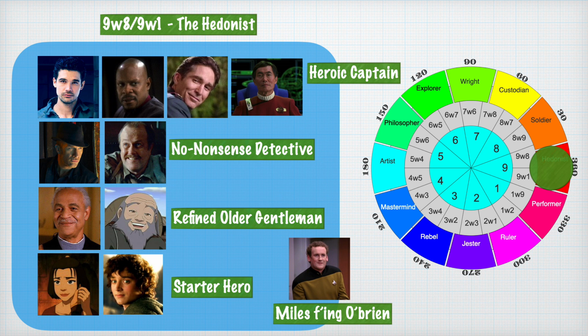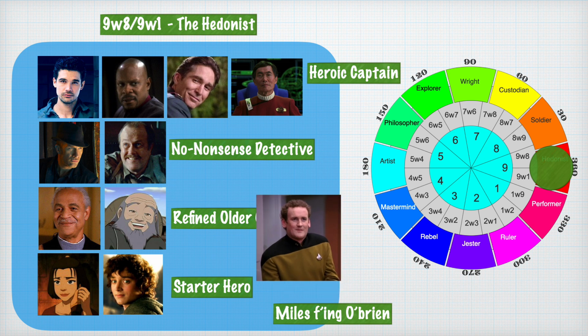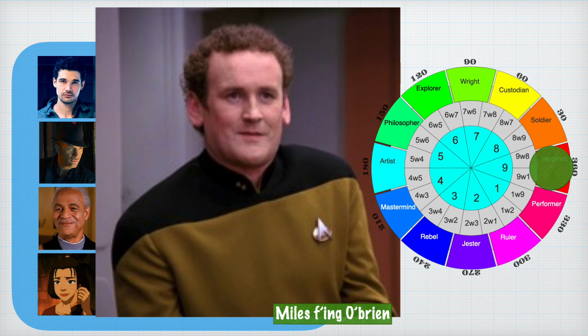And finally, the hedonist. We've got our heroic captains, our no nonsense detectives, our refined older gentlemen, our starter heroes, and Miles effing O'Brien, the one man in literature and cinema that I would just love to sit down and have a drink with, and so would just about everybody I know.